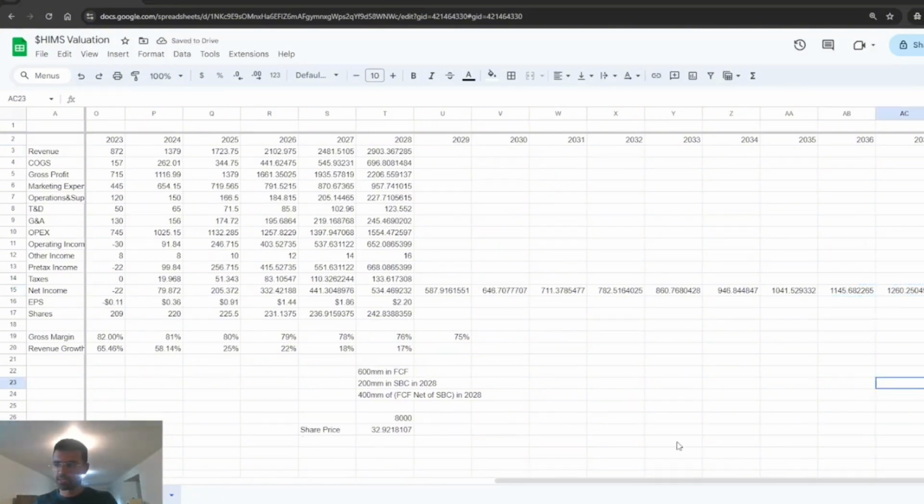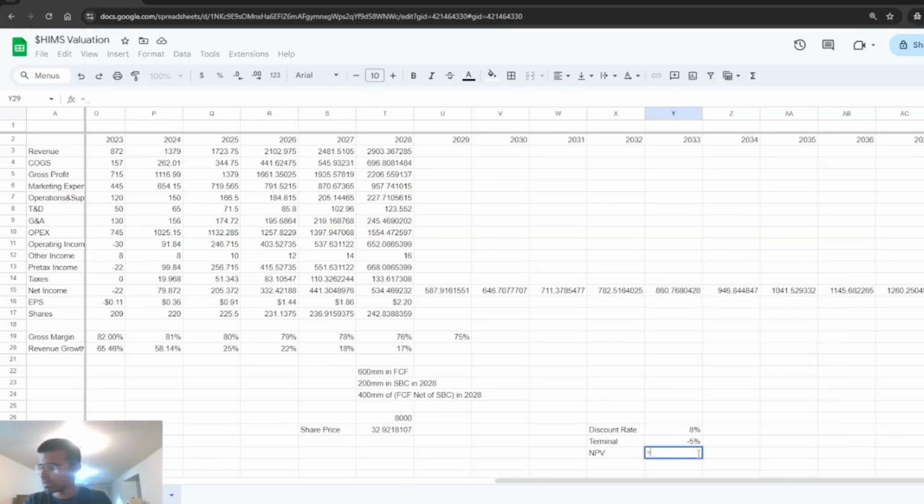So I said share price is like $33, but if you say that we have a discount rate of 8% and a terminal value of minus 5%, what is the NPV going to be? NPV is going to be my discount rate. What was that formula? NPV is the discount rate, it's the first parameter.